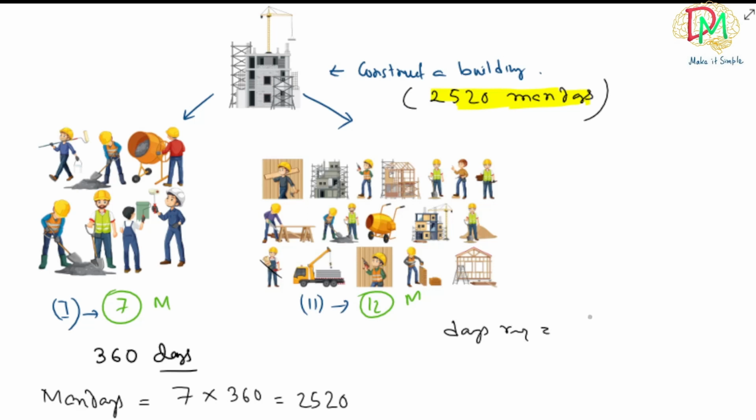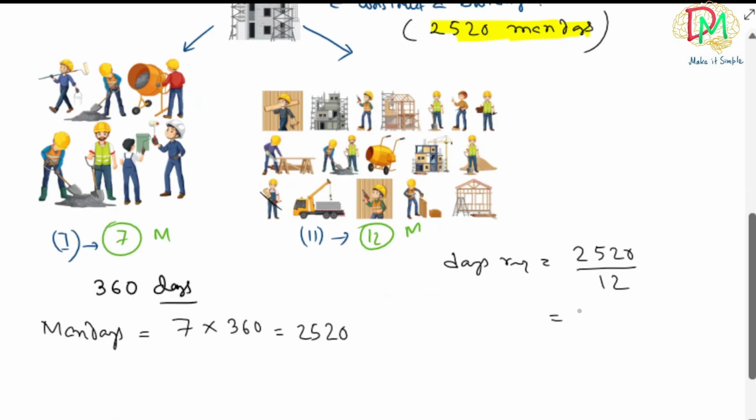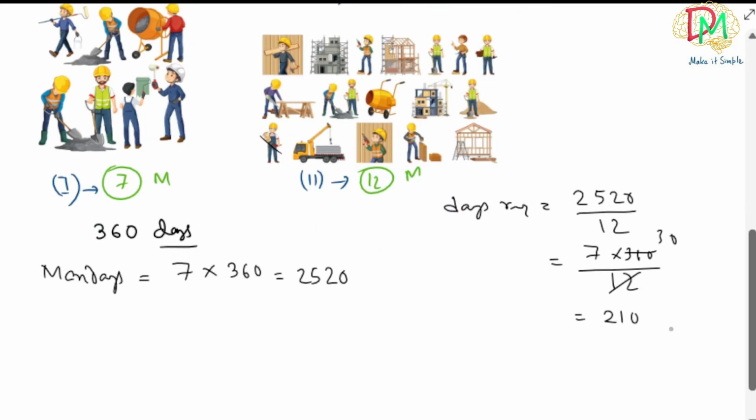Days required is equal to the unit of work, that is 2520 man days, divided by 12. So 2520 we get as 7 into 360 for the calculation purpose. So this is 210 days.